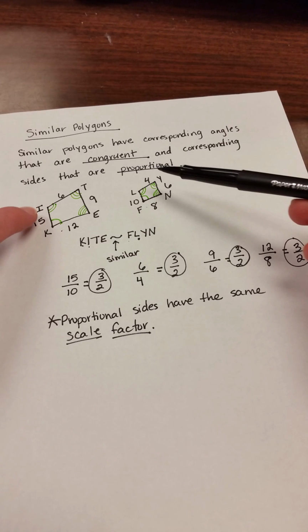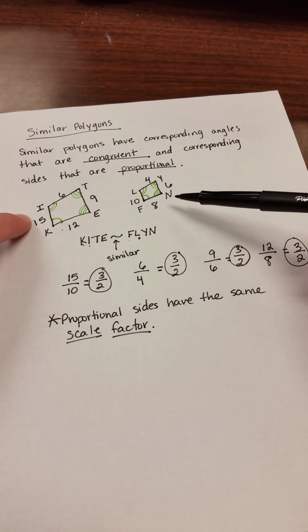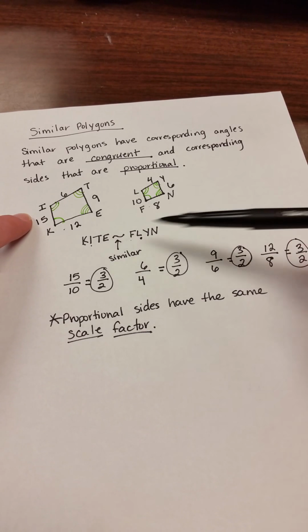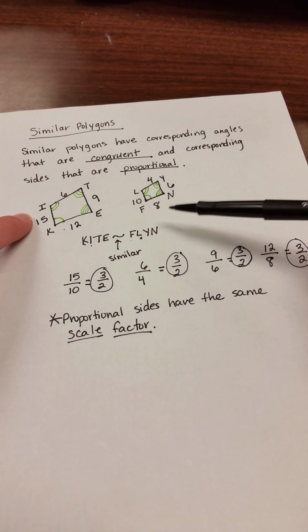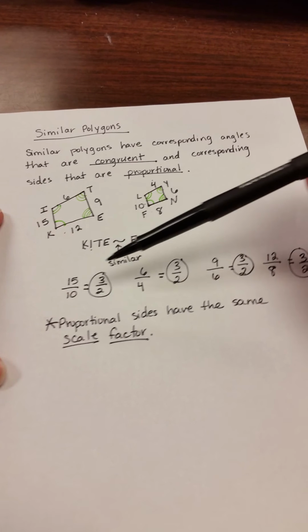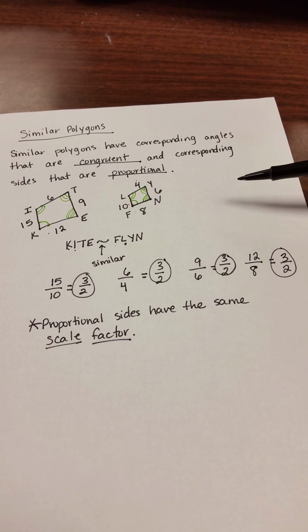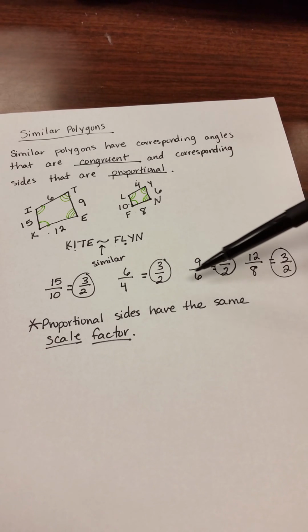If I gave you these 2 pictures and said, decide if these are similar or not. Well, if they're similar, that means all the sides are going to have the same scale factor. So you check these sides and those and those and those, and if they all have the same scale factor like we have here, then you would say, yes, they're similar. If these were 3 over 2, but then this one over here ended up being like 3 over 4 or something like that, then you would say, no, they're not similar because they don't all have the same scale factor.